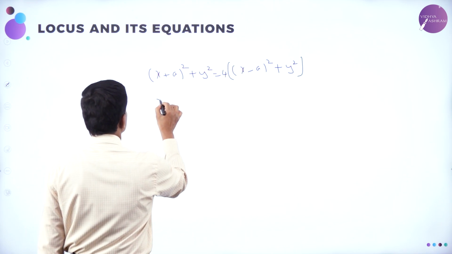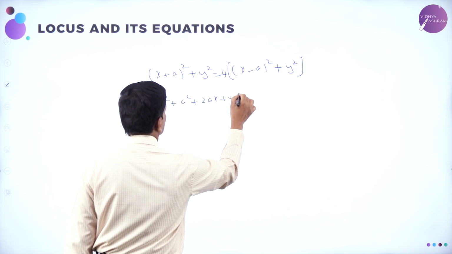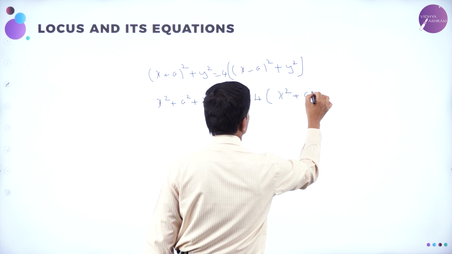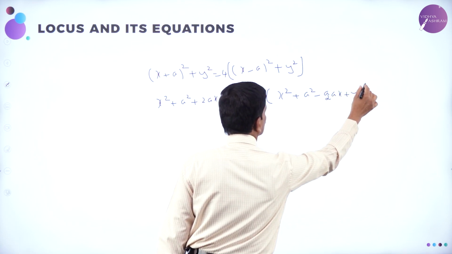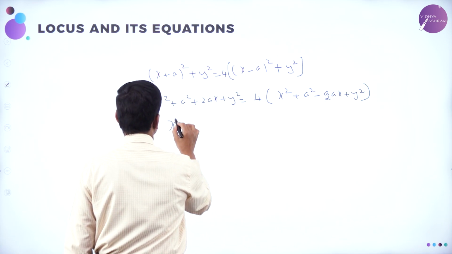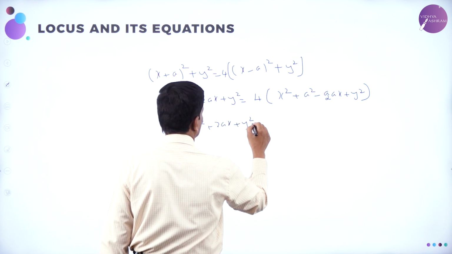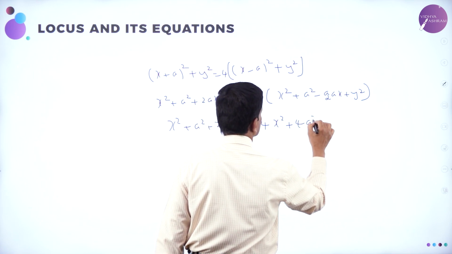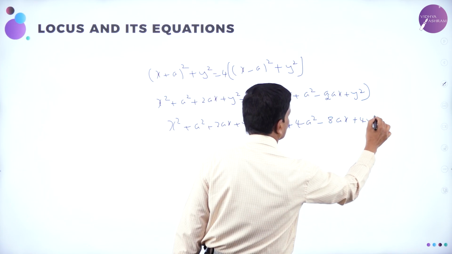Simplify. x square plus a square plus 2ax plus y square is equal to 4 into (x square plus a square minus 2ax plus y square). Now transfer this. So just keep this as it is: x square plus a square plus 2ax plus y square, and multiplied by 4: 4x square plus 4a square minus 8ax plus 4y square.